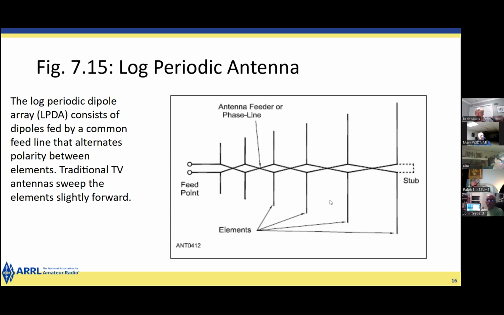Probably be pretty good for UHF, VHF. I used to know a guy that had one he used for HF, and it was a huge thing. When that thing swung, it was one big long antenna.